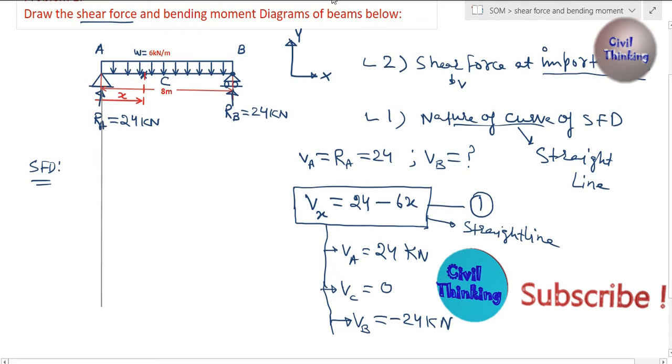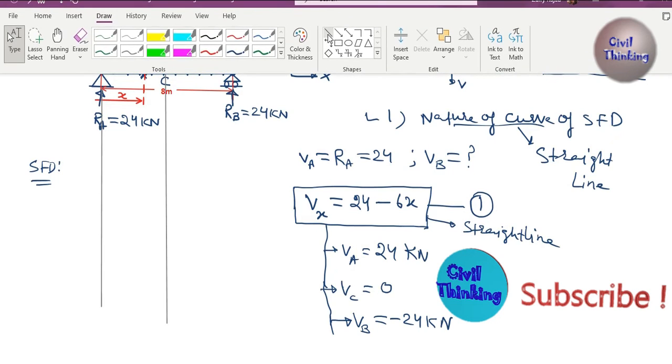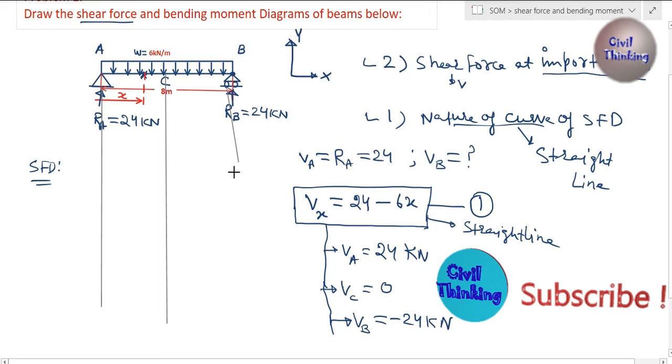Let us draw a line at A, let's also draw a line at the midpoint C and also a line at B. Let's also draw a baseline.